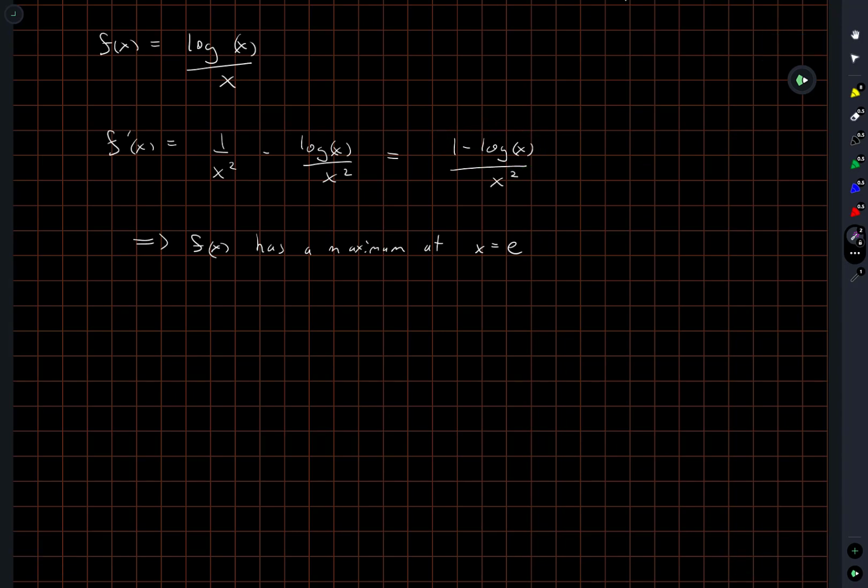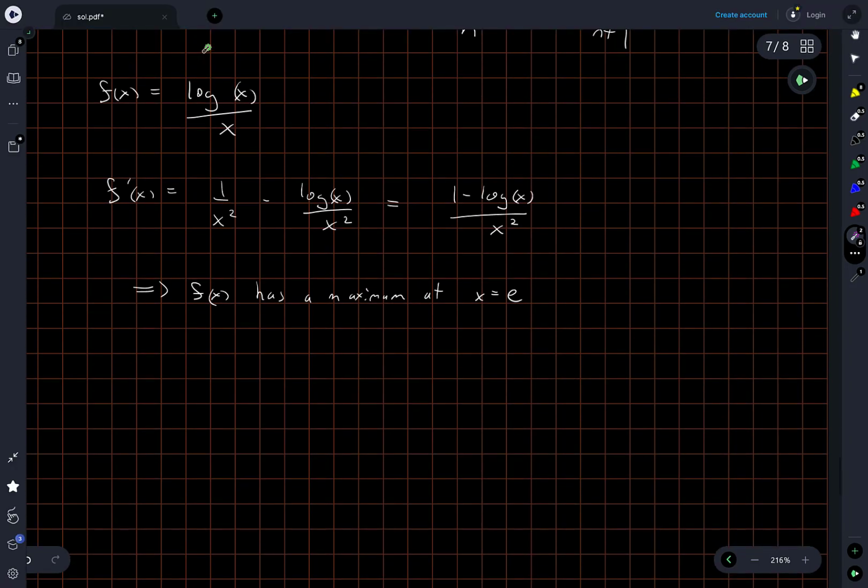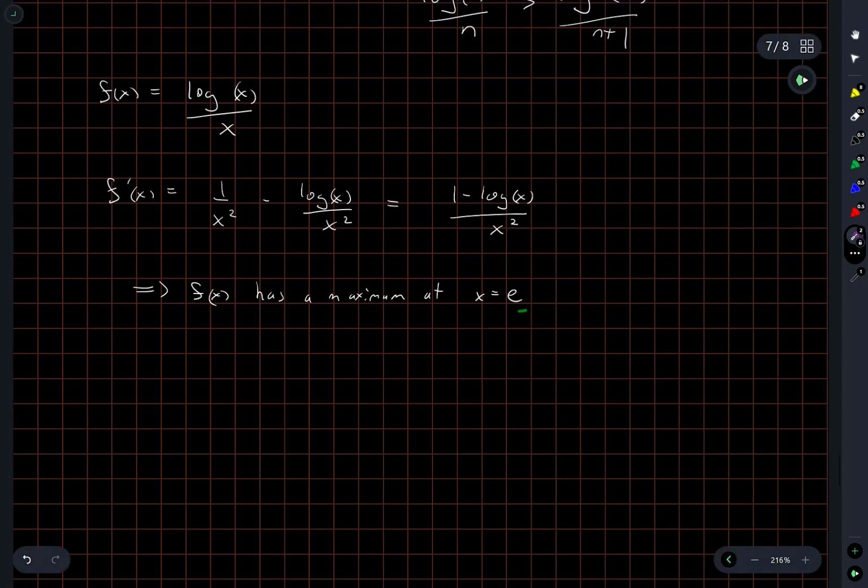I suppose technically all we've done is shown that there is a local minimum or maximum at that point, but if you compute some limits of this function for values of x approaching 0 or infinity, then you can conclude that this is in fact a maximum at x equals e, and f is decreasing for x greater than e.